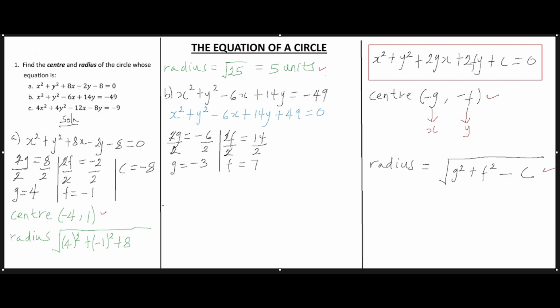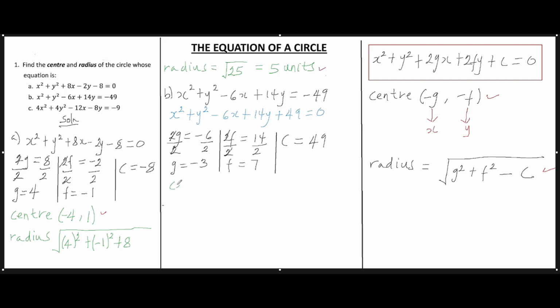Lastly, we need our constant term. So the constant term here is c. So c is equal to 49. All is set. So we can begin with the center.